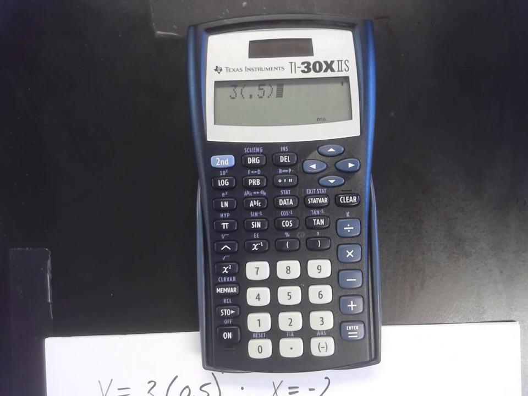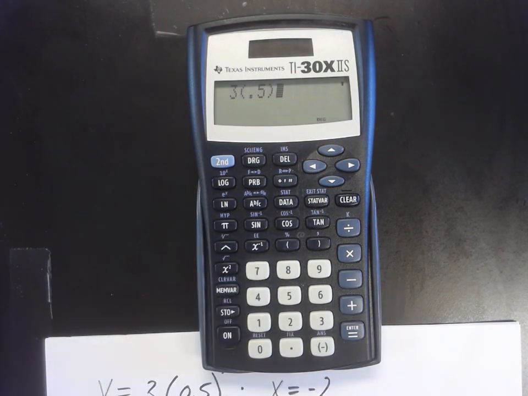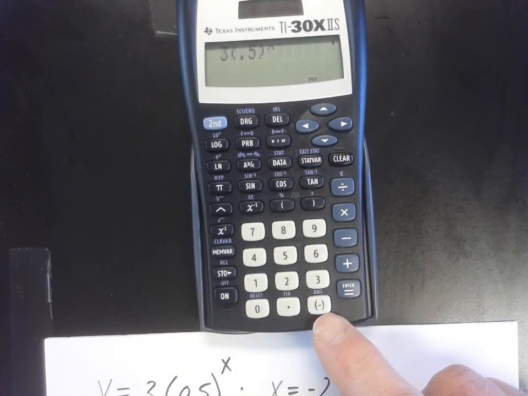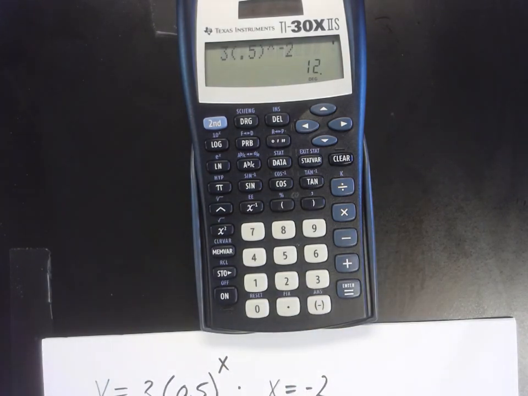Now how do I raise it to the -2 power? What button do I hit now? See that up caret? Yeah, that's right. Up caret, and then you have to use this negative symbol. You can't use the subtraction symbol. You have to say -2. That work? Everybody get 12, okay?